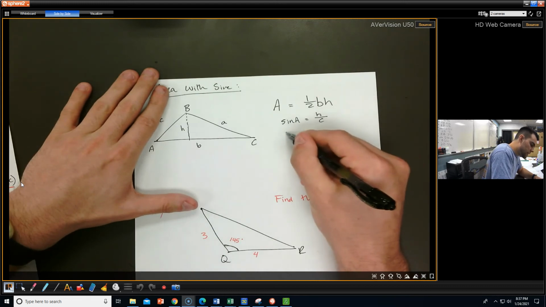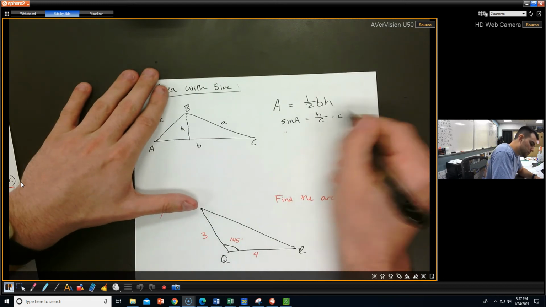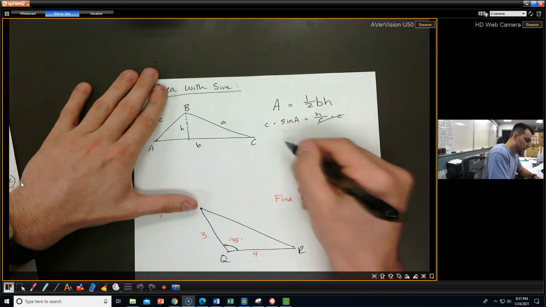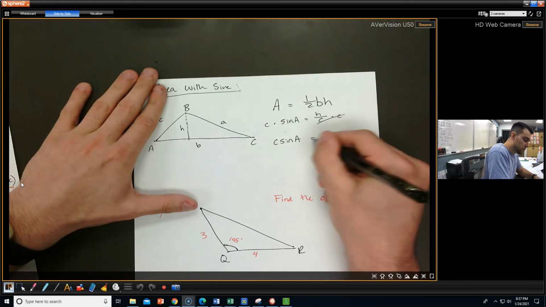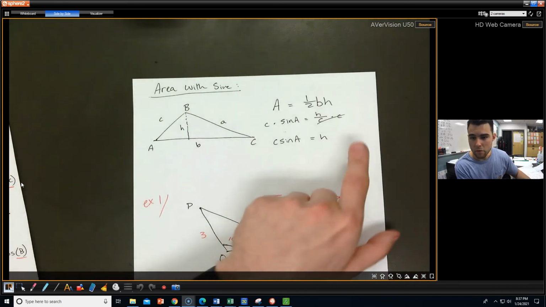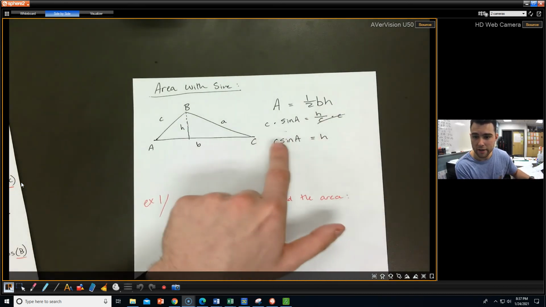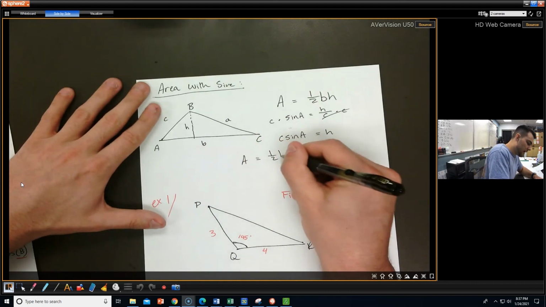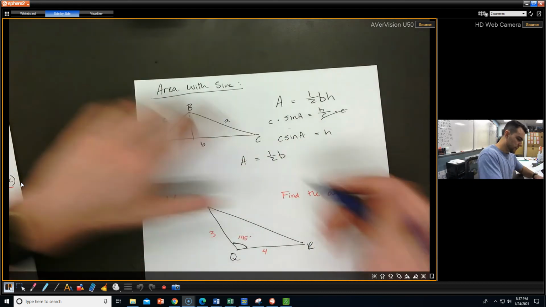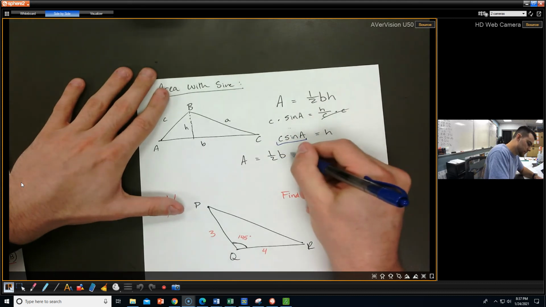After I multiply both sides by c, I end up getting sine A times c is equal to h. Well, that h is right here, so I can actually replace that h with this, c sine of A.